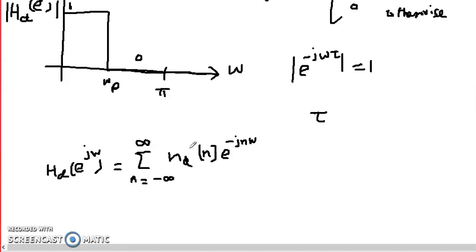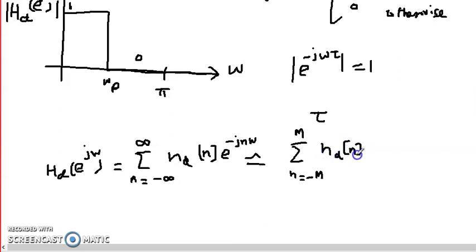So we arbitrarily truncate it to 2m plus 1 number of terms, like this. Let us say this is finite in length, from minus m to m, so that this truncation is due to the fact that HD(n) is finite.